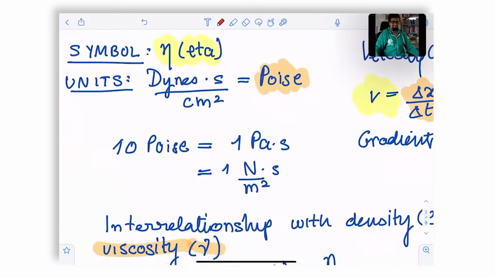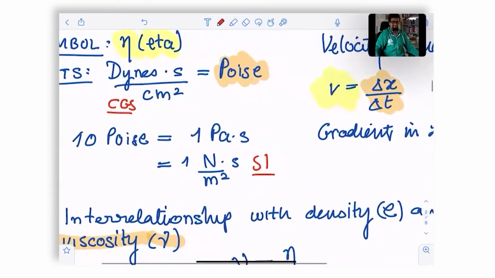But we also know that a poise can be related to SI units through a factor of 10. So 10 poise make 1 Pascal second. Pascal, as you remember, is Newton per meter square. Newton and meter are SI versions of the same units that we discussed earlier. These are CGS. Remember the difference between units and dimensions, and we will return to this in a bit.